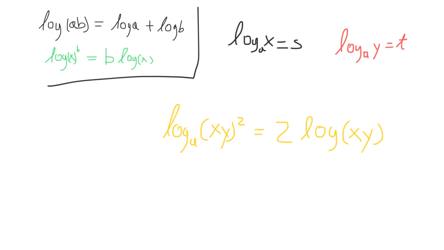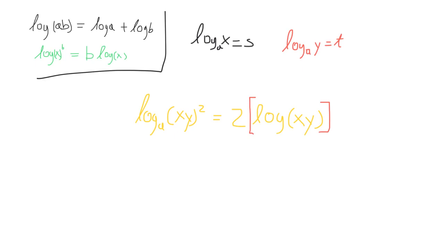So just to remind myself of that fact, I'm actually going to draw brackets around this because it's important to remember that it is indeed 2 times the entire log xy. Now log xy, I understand some of you might be confused, but it's just a number. It's going to turn out to be some number. If we knew the variables, then it would just turn out to be a number, so it's going to be 2 times that number.